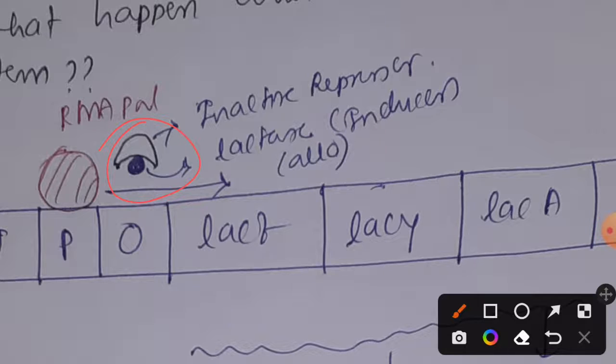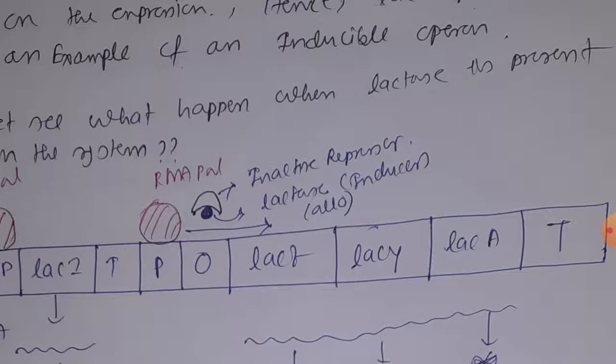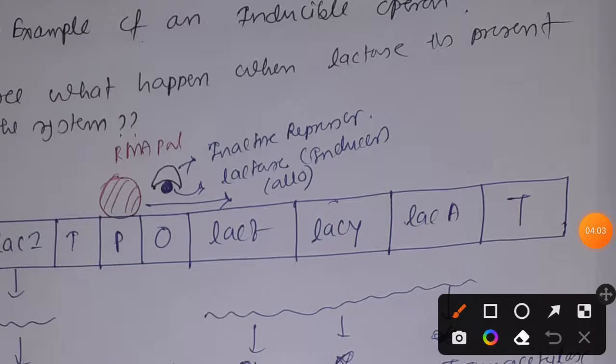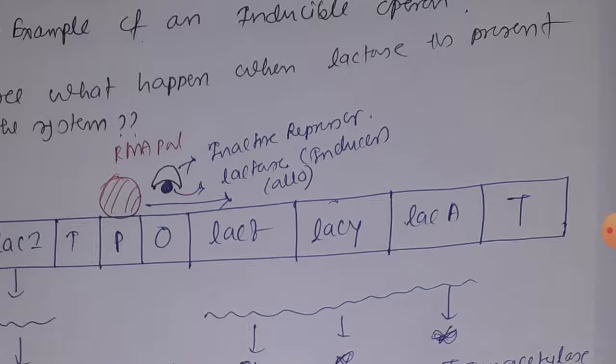Here also the allolactose will inactivate the repressor, and once they become inactivated they do not have affinity towards the operator, and as a result they simply come out from the operator. So now RNA polymerase has its way to start the transcription, and lac-Z will eventually synthesize beta-galactosidase, lac-Y will synthesize the permease, and lac-A will synthesize the trans-acetylase.